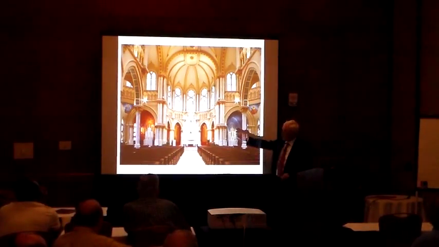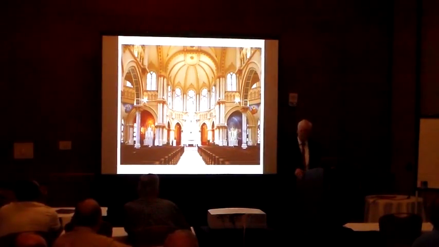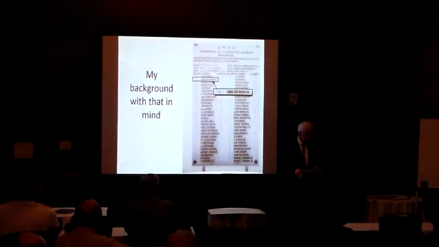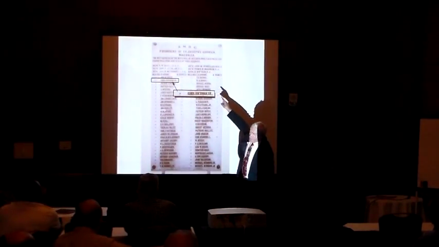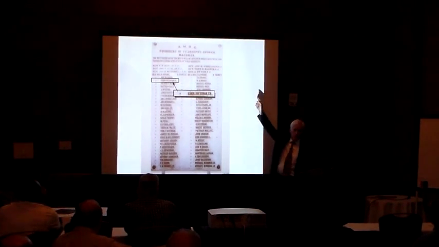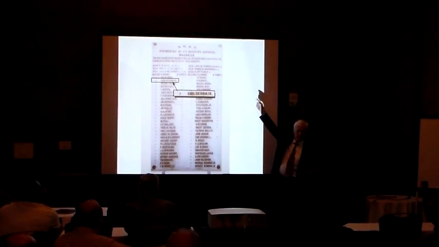And he built this church, or had a hand in building this church. And I don't know what the position was that he had in the church, but I do know that if you see at the top of the screen, there are a bunch of SJs behind all of those names. That's where the priest was, and he's at the top of the pack, so he must have done something pretty good.